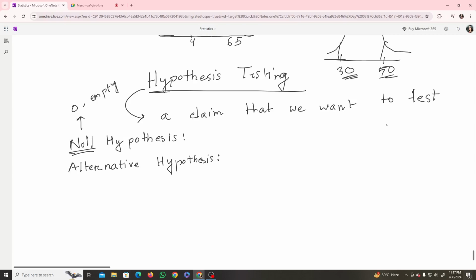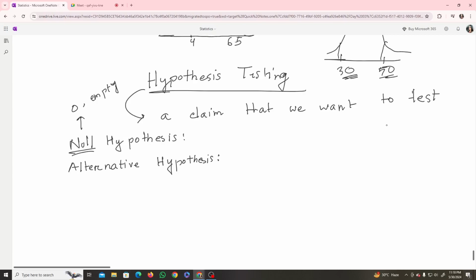Suppose there is a research that 75% of the users in USA use iPhone. So this is a null hypothesis, right? We want to prove that now it is not 70%, maybe some higher value, maybe 80% or 85% of USA citizens use iPhone.